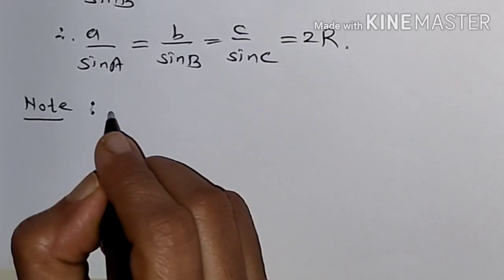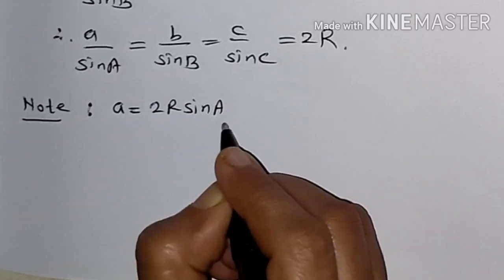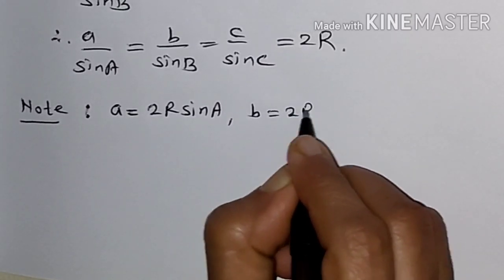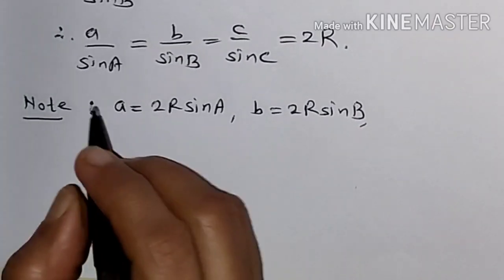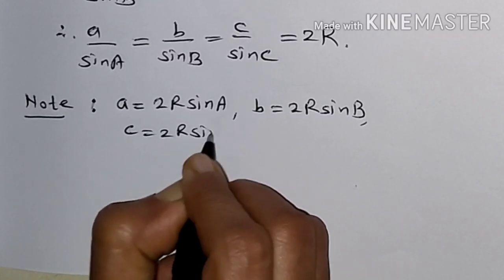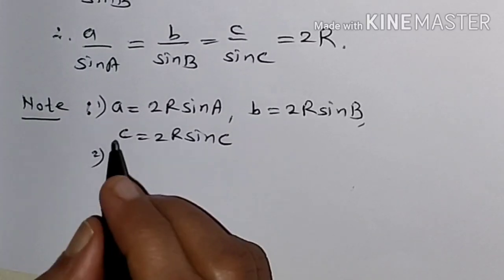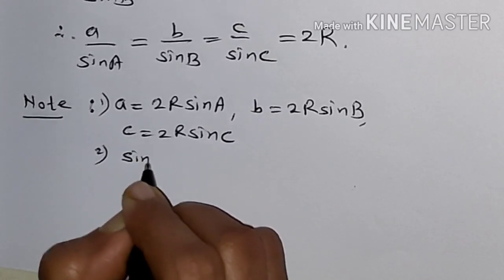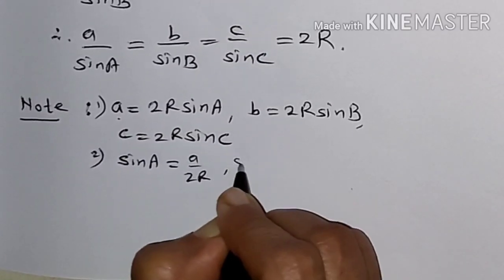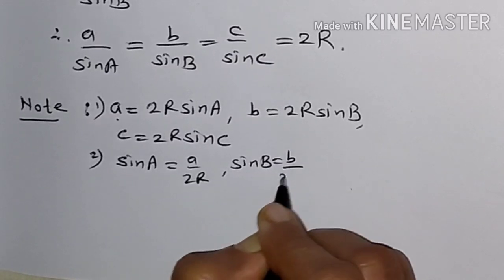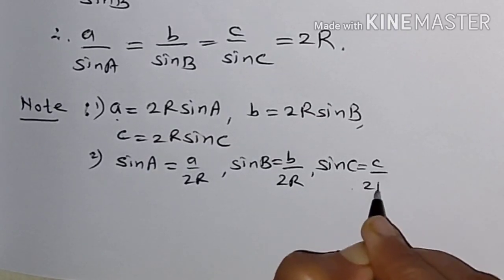We can say a is equal to 2R sin A, b is equal to 2R sin B, and similarly c is equal to 2R sin C. Next, we may also write sin A is equal to a upon 2R, sin B is equal to b upon 2R, and similarly sin C is equal to c upon 2R.